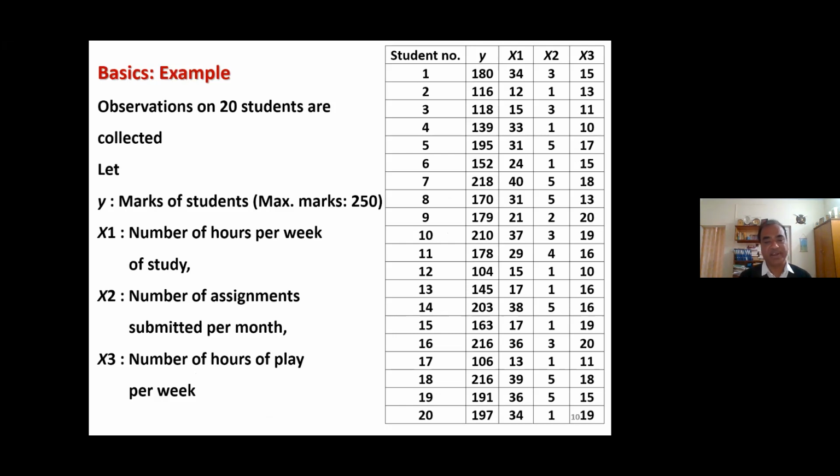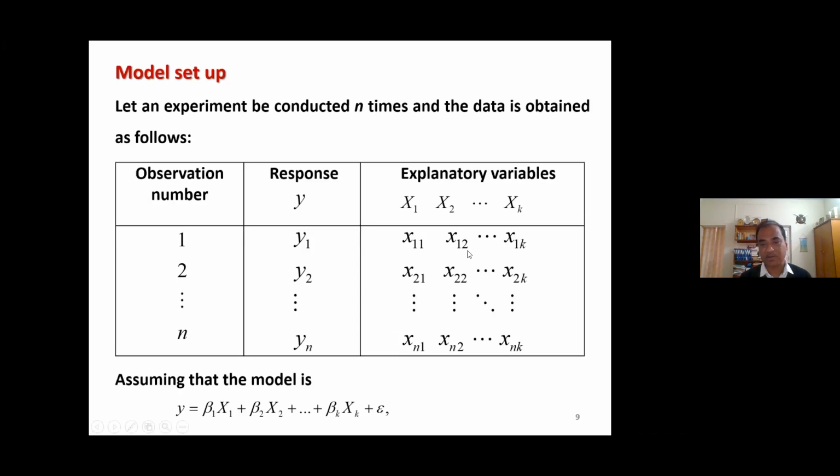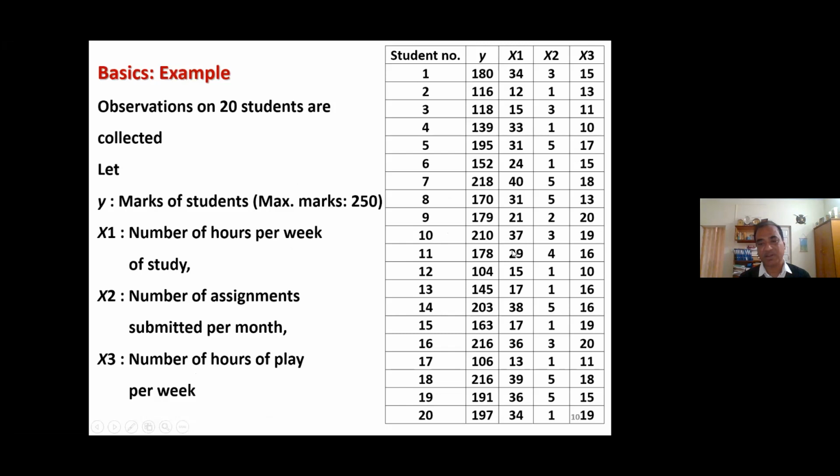If you look at this example, these values x11, x12, x1k are the first observation on x1, then x2 equal to 3 is the first observation on x2, and x3 equal to 15 is the first observation on x3, and based on that we have obtained the value of y, and so on. We have repeated this experiment, say, 20 times, and we have 20 values.